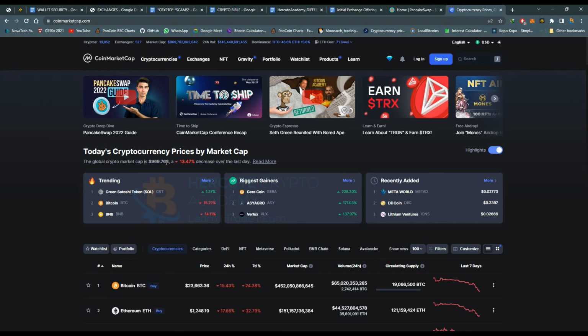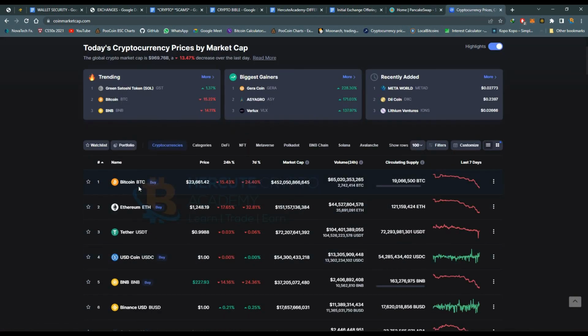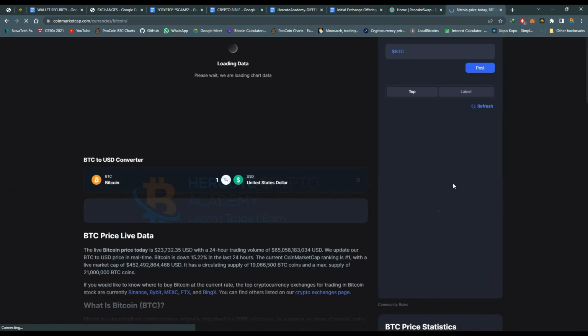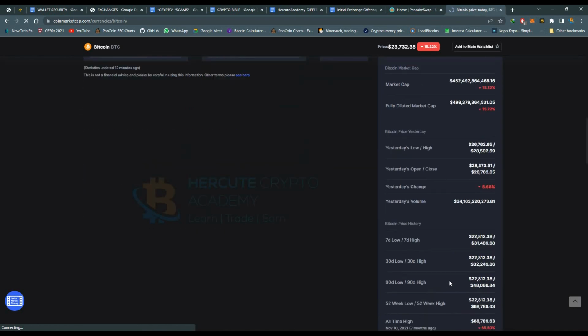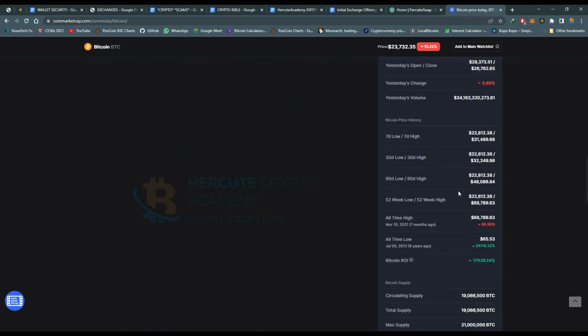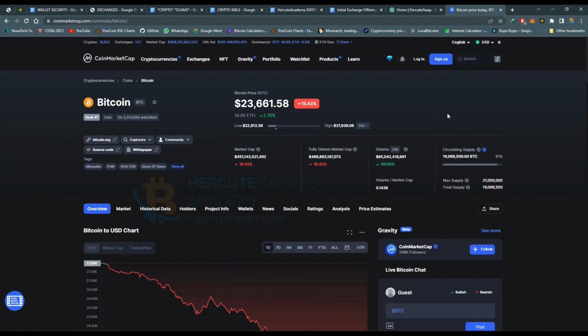In the previous bull run, we were actually trading at over 2 trillion. Now if you look at Bitcoin, it's currently trading at 23,000. And in reference to the previous all-time high, we are actually trading 65% lower.